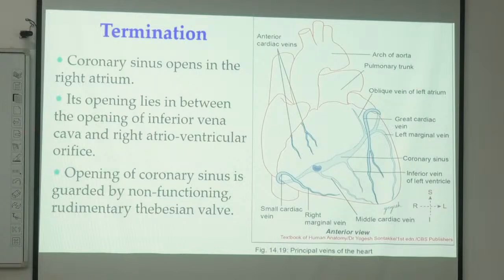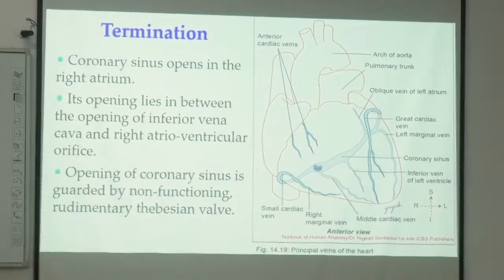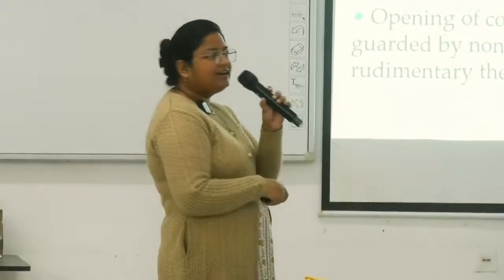And the opening of the coronary sinus is guarded by a non-functioning rudimentary Thebesian valve. This Thebesian valve is important for your viva, and also during viscera it is asked. Okay.